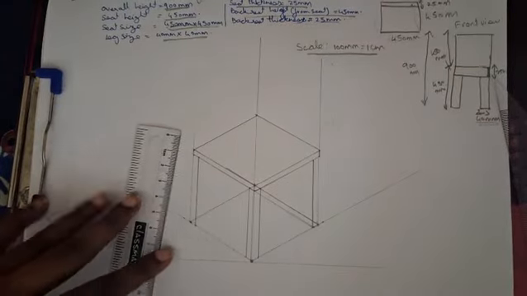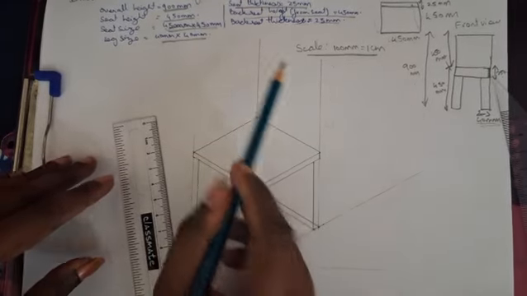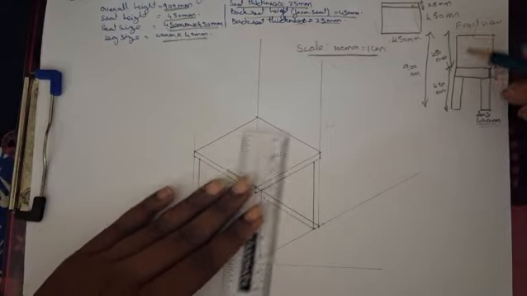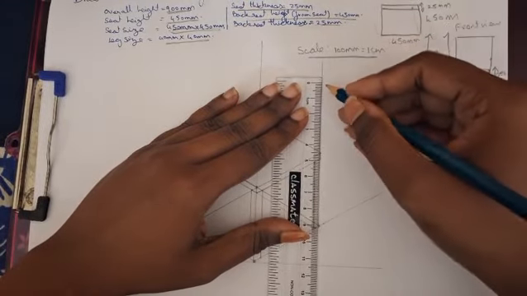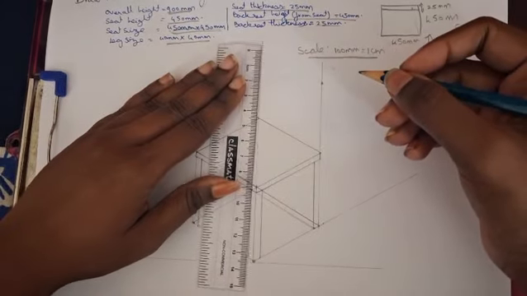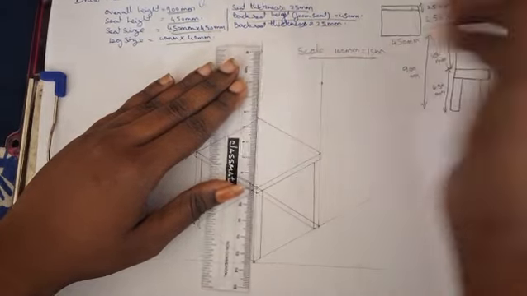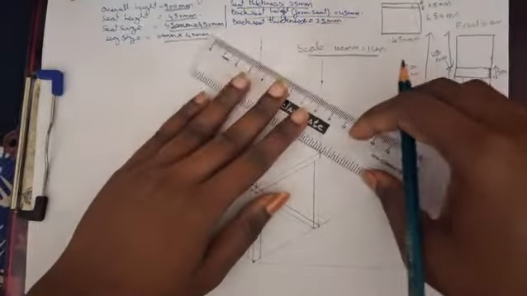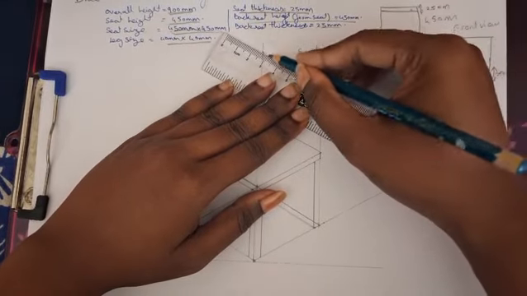After extending the line, I have to draw a parallel line from here to here. The height is 450 mm, so let me mark 450 mm and connect this line.